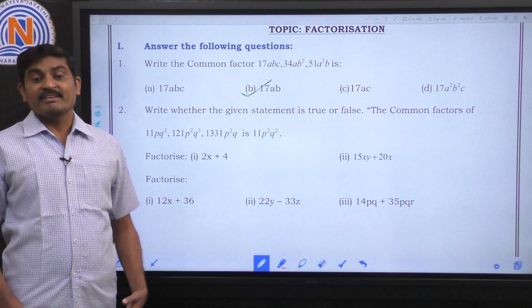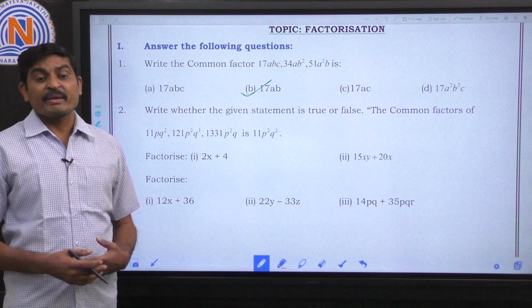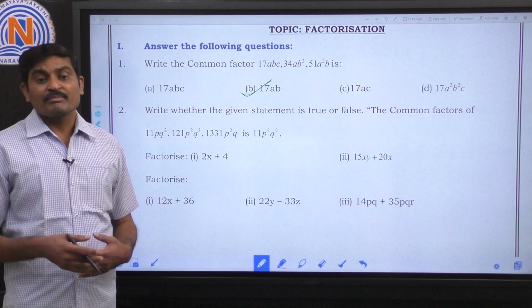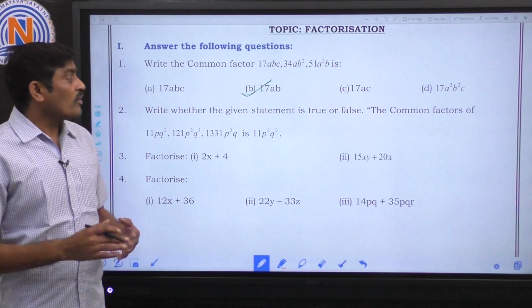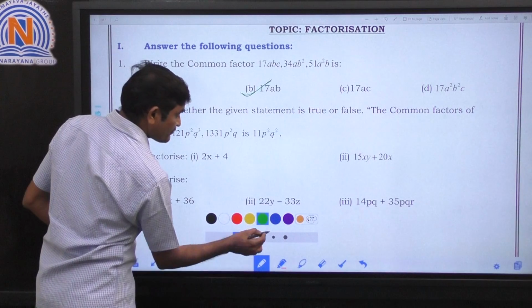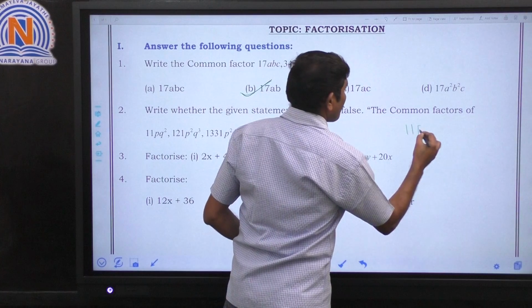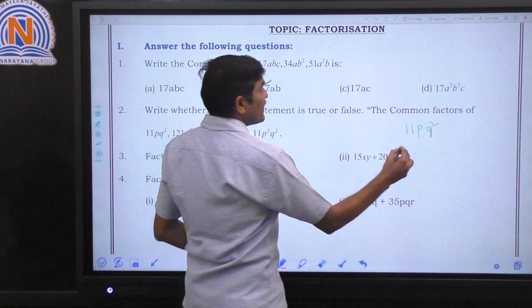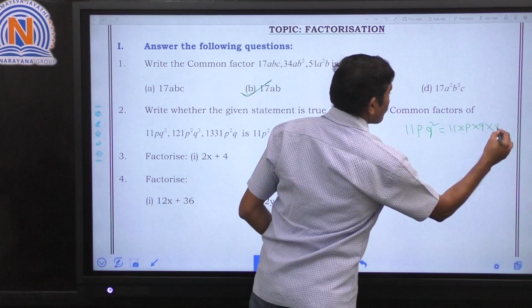Now let us move on to the second one. Write whether the given statement is true or false. The common factor of 11pq square, 121p square q cube, 1331p square q is 11p square q square. Here the first term is 11pq square, which can be split into 11 into p into q into q.